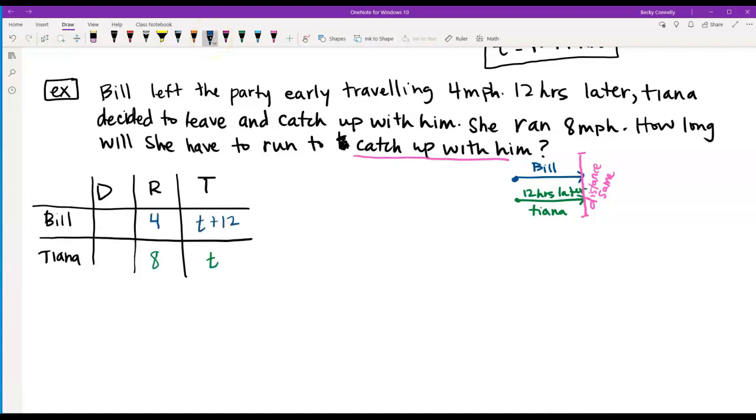Let me have you look at this with me. I'm not done yet here, but did you get these things filled in? Maybe you wrote the time part a little bit differently. Did somebody write this different than t plus 12 and then t? Or do you understand why we have one of these as t plus 12?